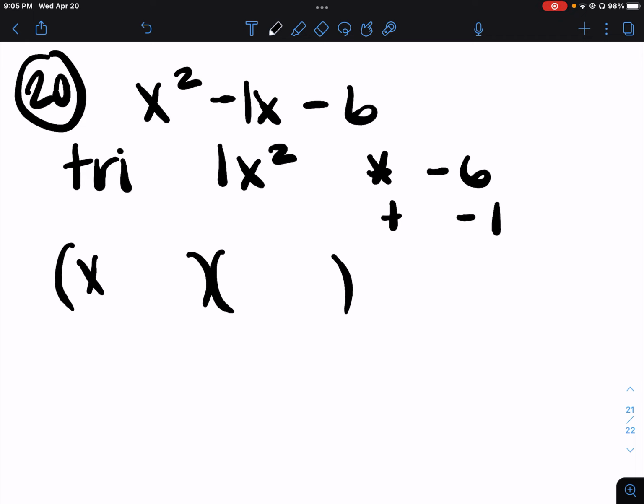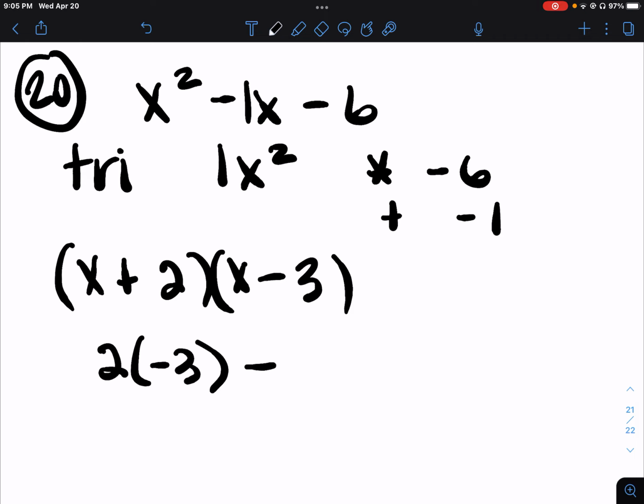Multiply to a negative is a positive times a negative. We need negative 3 and positive 2 because 2 times negative 3 equals negative 6. 2 plus negative 3 is negative 1. Remember, you take the sign of the bigger when they are different.